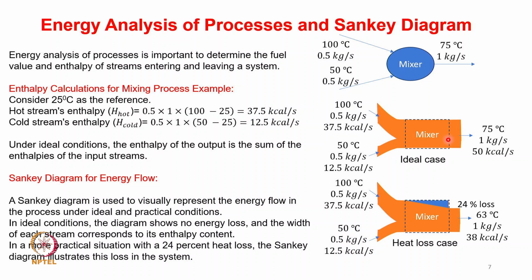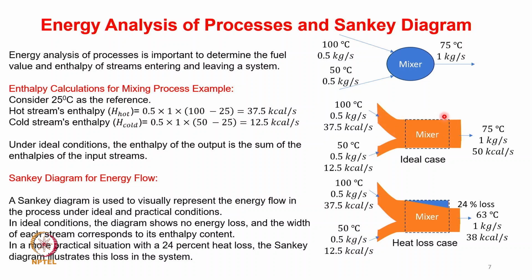Now these calculations are represented here as a diagram wherein you see the energy flow under ideal and practical conditions. In the ideal condition, the diagram shows no energy loss, with the width of each stream corresponding to the enthalpy content. You see that this is 12.5 and this is almost 3 times higher, so this width is 3 times that.